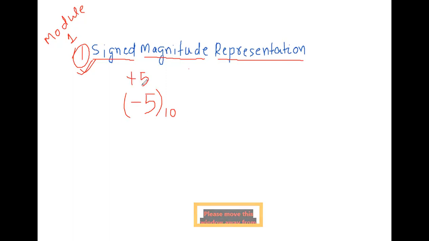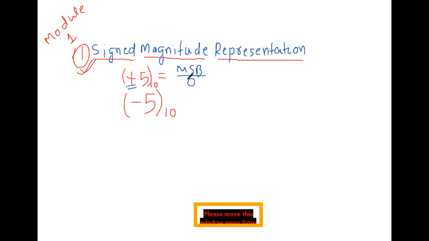So +5 is a decimal number also. How to represent it? Just leave the MSB bit. Plus is written, so MSB bit should be 0. And what is the binary equivalent of 5?